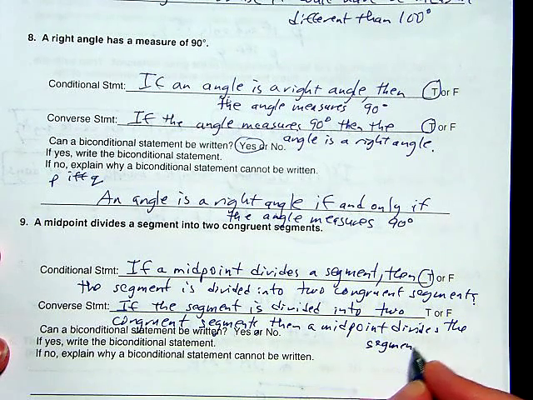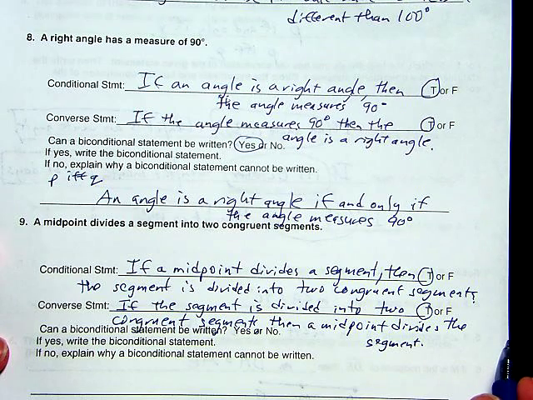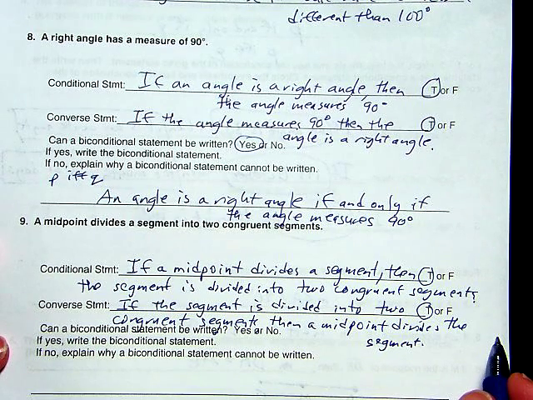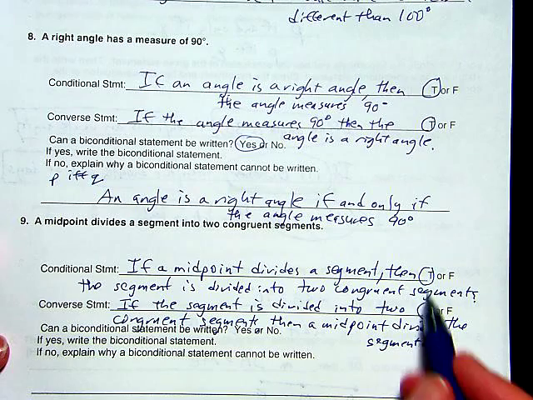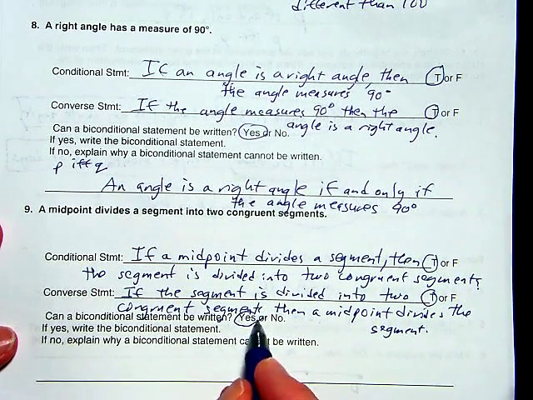Is that true? Yes. Because if a segment is divided into two congruent segments, then it has to be a midpoint that's dividing it. So because both these statements are true, a biconditional statement can be written, yes.